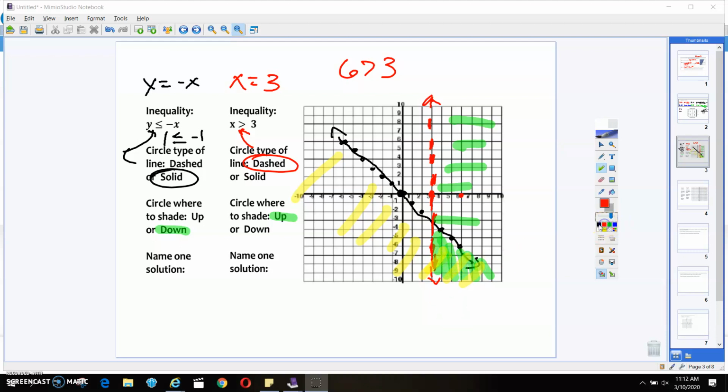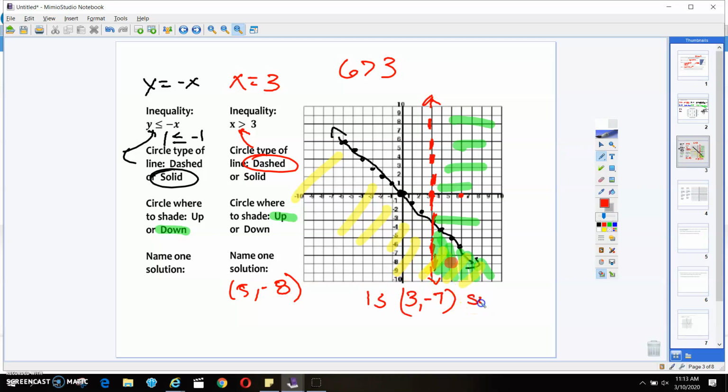So let me pick a point that's in here. Let's say 5, negative 8. So a solution to this problem would be 5, negative 8. My question to you, is the point 3, negative 7 a solution?